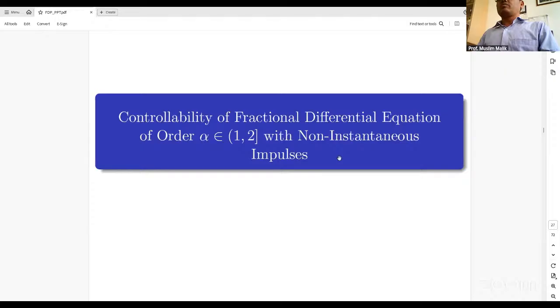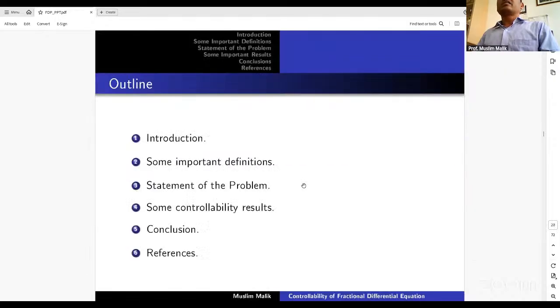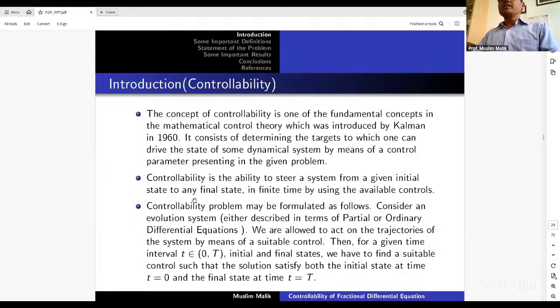So here we want to study the controllability of the fractional system where we take the order between 1 and 2. Controllability means we want to achieve the target. What is a control system? We have some system, and the property of the system changes if we change some parameter in the system.